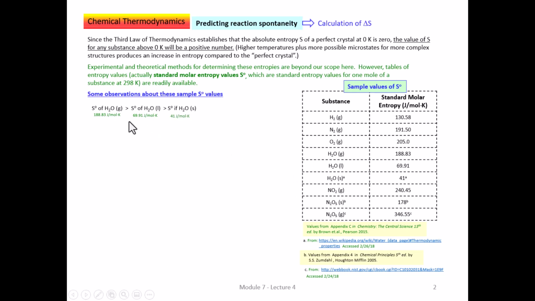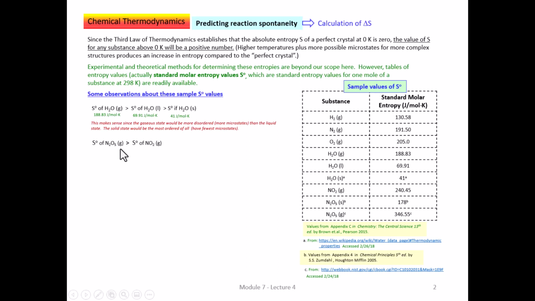So you see the entropies dropping as you go from a gas to a liquid to a solid. Now this makes perfect sense because you'd expect the disorder to decrease, in other words, order to increase, going from gas to liquid to solid. So it's not surprising that in this series, the solid water, ice, would have the lowest value of standard molar entropy.